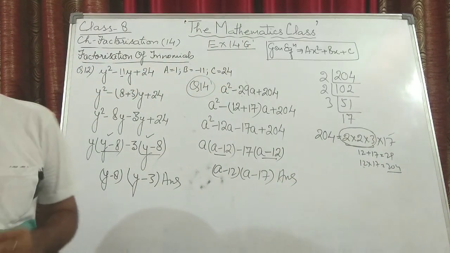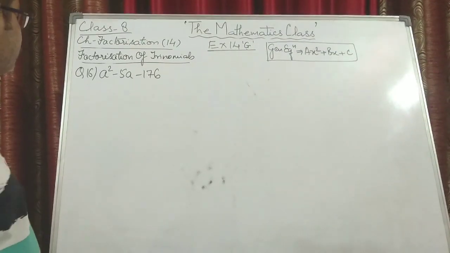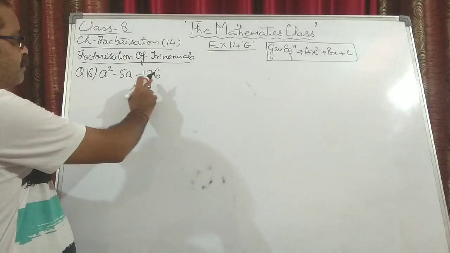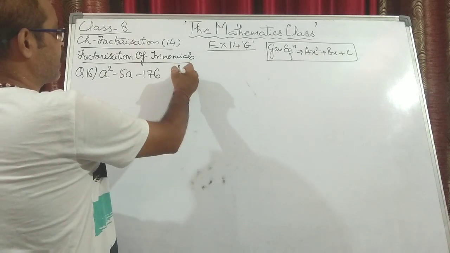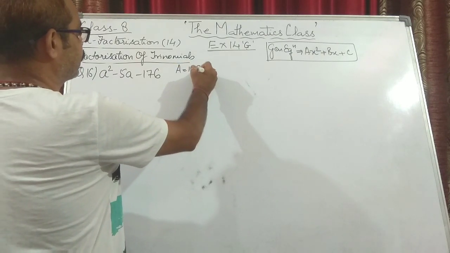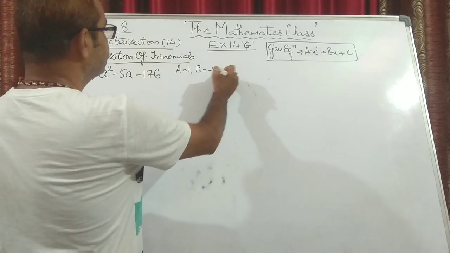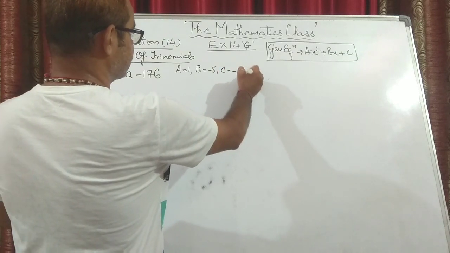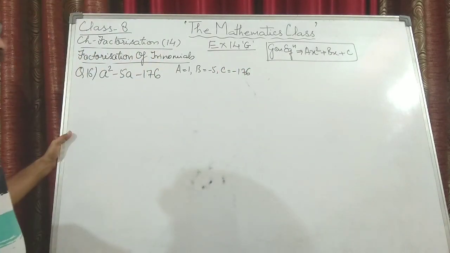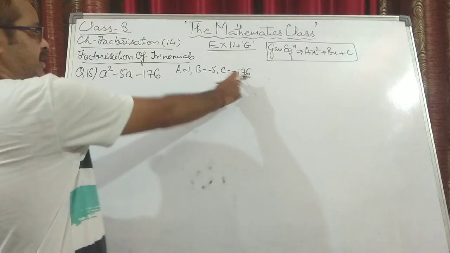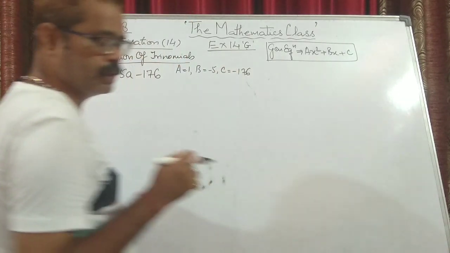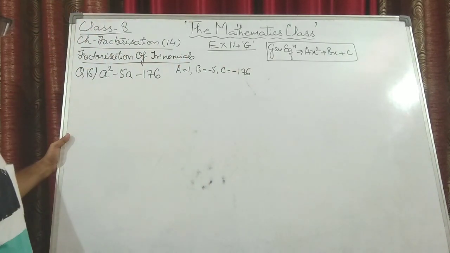Now we move on to the 16th question. Question number 16 is a square minus 5a minus 176. Again capital A is 1, capital B is minus 5, capital C is minus 176. So minus 176 into 1 is minus 176. I am leaving minus 176.